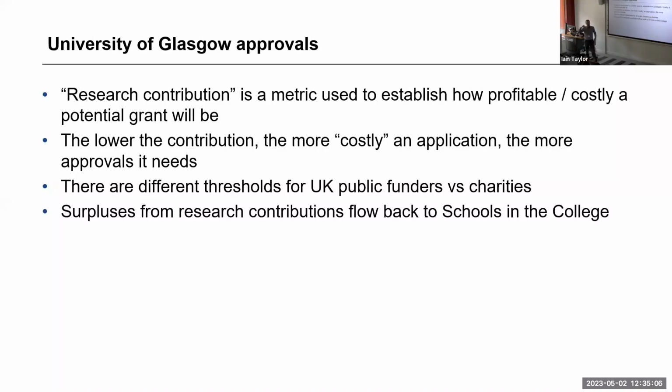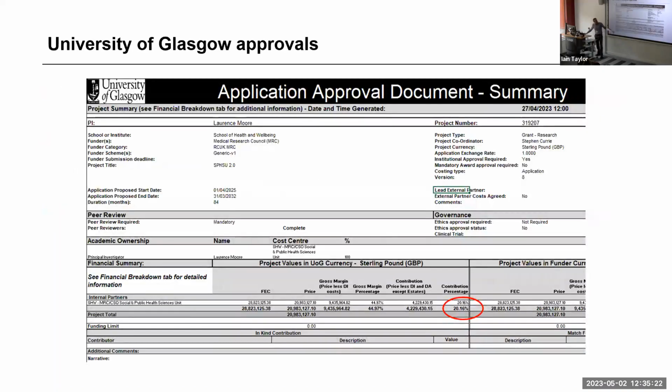It was going to, on paper, cost the university £400,000. It would need a higher level of approval. And this automatic system we have will automatically look at these figures, and it will look at what funder it is, and it will decide who needs to approve in what situation.